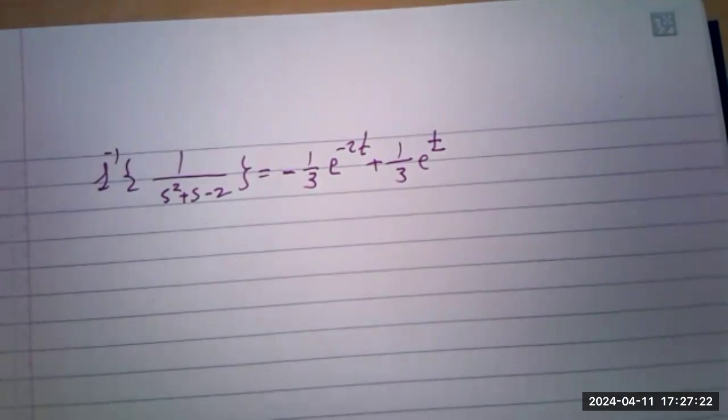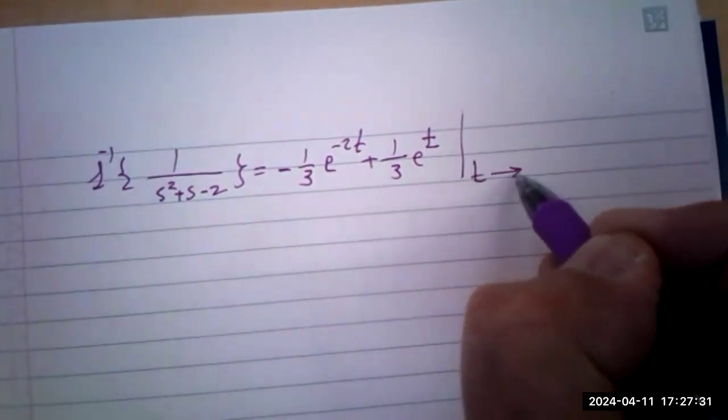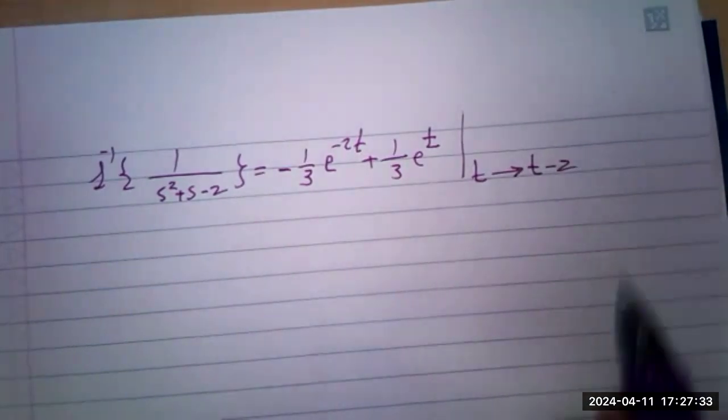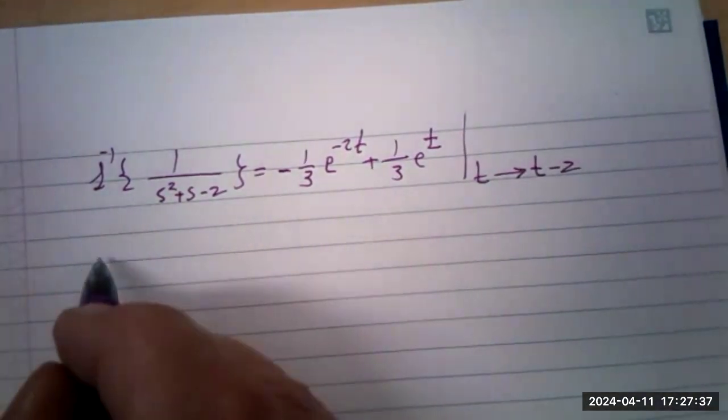And you have to change it into what? You have to change the t into t minus 2. So you change the t into t minus 2, and you rewrite it again. Eventually, this is going to be the final answer.